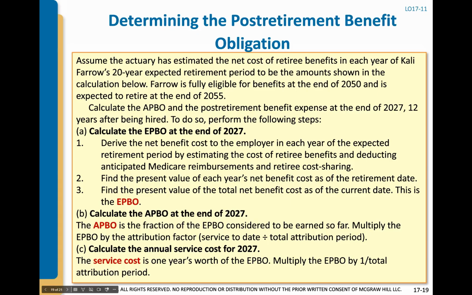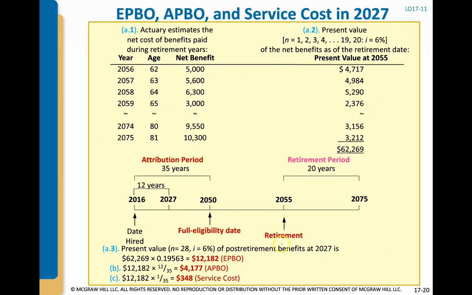The last thing that this problem asks is to calculate the annual service cost for 2027. And similar to how we do for pensions, annual service costs, we're going to do the same thing here.